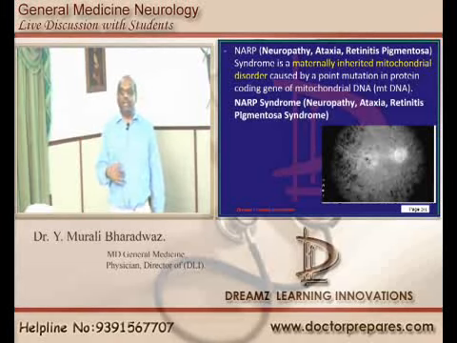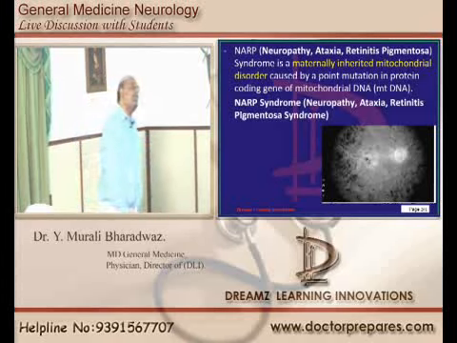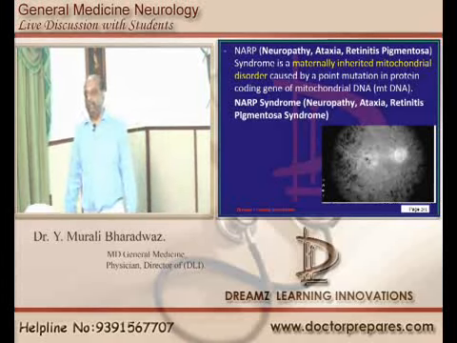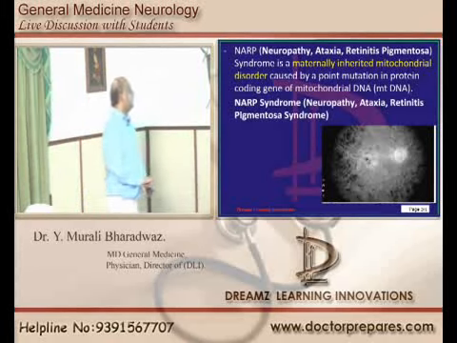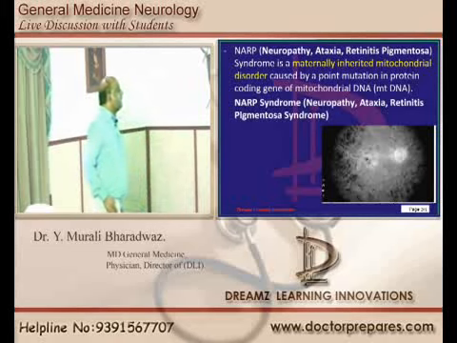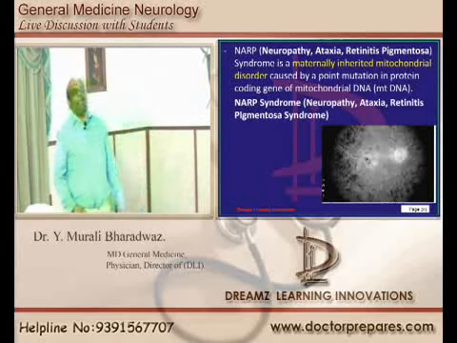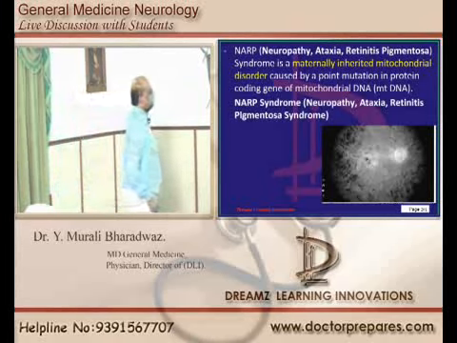The father cannot transmit. Why? Father donates sperm, mother donates ovum. Mitochondria is there in the cytoplasm of the ovum. So any defect in the mitochondrial DNA can only go through the cytoplasm, which goes through the ovum, which comes from the mother. So that is the underlying reason. So identification of this mutation in the mitochondrial DNA is important for the diagnosis of NARP syndrome, is what we need to appreciate.